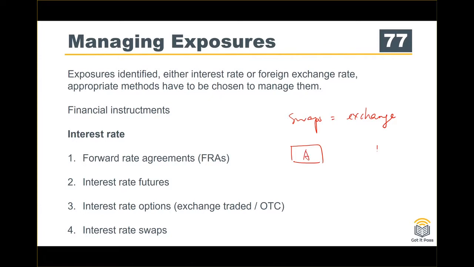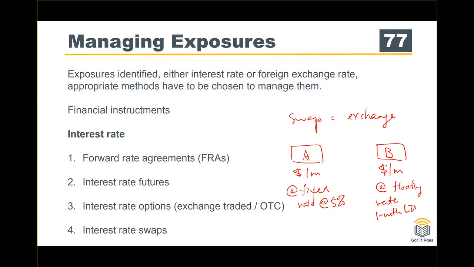For example, for swaps, there's a party called A, and a party called B. For A, it has 1 million principal. For B, exactly the same, 1 million principal. But A has a fixed interest rate at 5%, while B is at a floating rate, say 1 month LIBOR plus 4%.